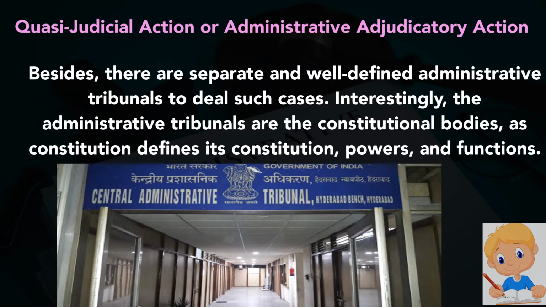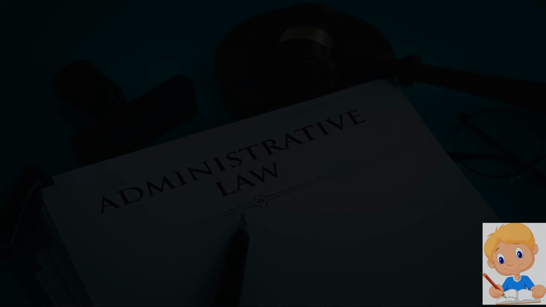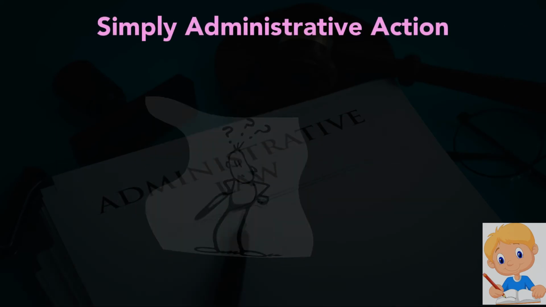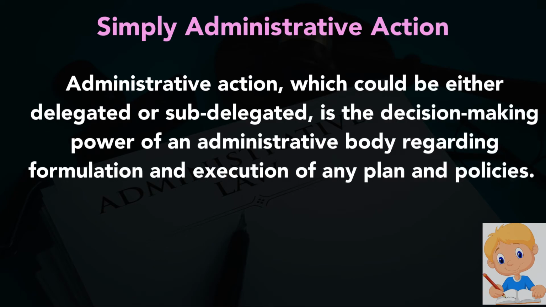So this is about the quasi-judicial action of an administrative body. The next one is simply administrative action. What does it mean? Administrative action, which could be either delegated or subdelegated, is the decision-making power of an administrative body regarding formulation and execution of any plans and policies. That is simply administrative action.